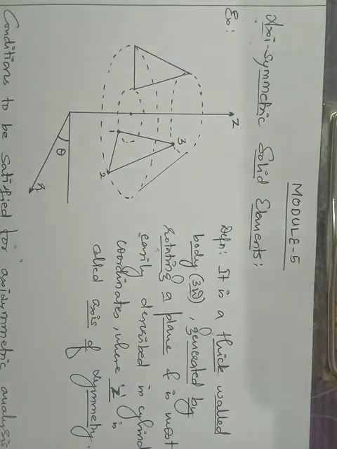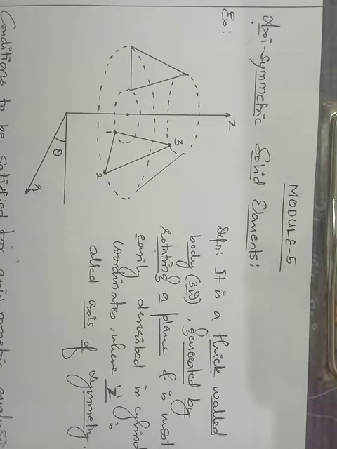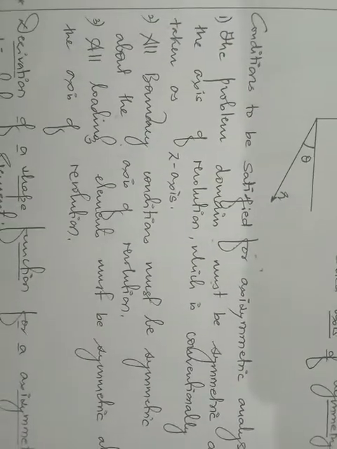There are a few conditions which are to be satisfied for axisymmetric analysis. If you want to go for axisymmetric analysis of such elements, there are three conditions to be satisfied, which are important from your exam point of view.